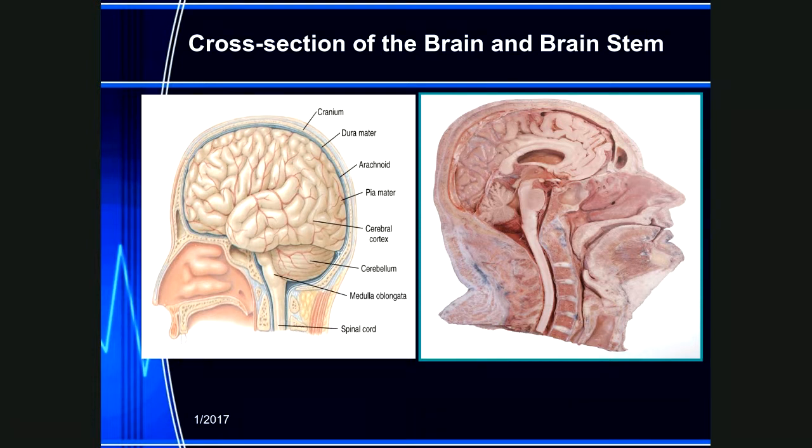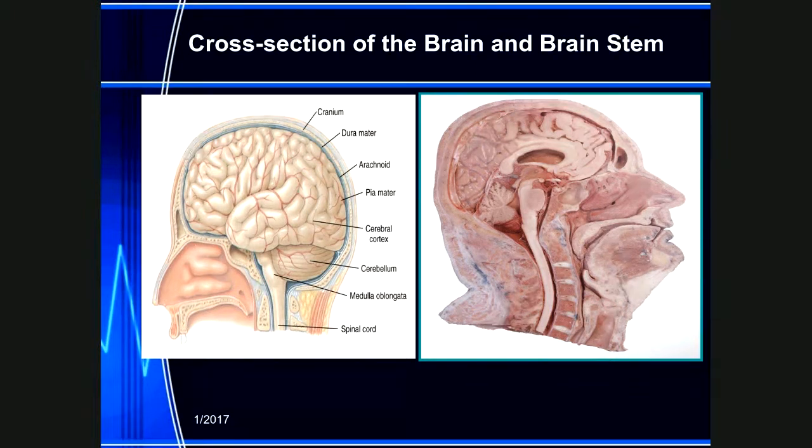Inside the skull, the brain has 3 layers covering it: the dura mater, the arachnoid membrane, and the pia mater. The easiest way to remember, from inside to out: the dura mater, the arachnoid, the pia.